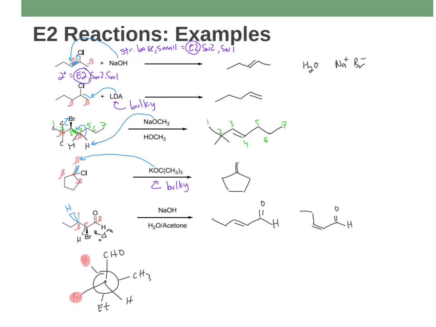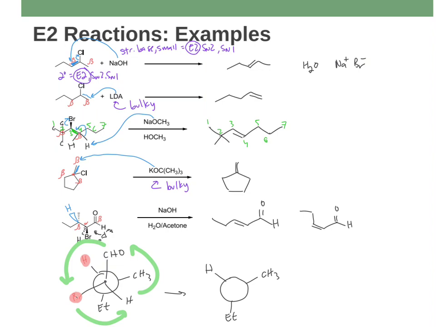So I'm going to rotate, in this case I'm going to rotate my front one. I'm going to rotate my bromine to here, H to here, aldehyde to here. I'm going to leave the back one alone, so I'll just draw the back one first. I still had the H, still had the methyl, still had the ethyl.